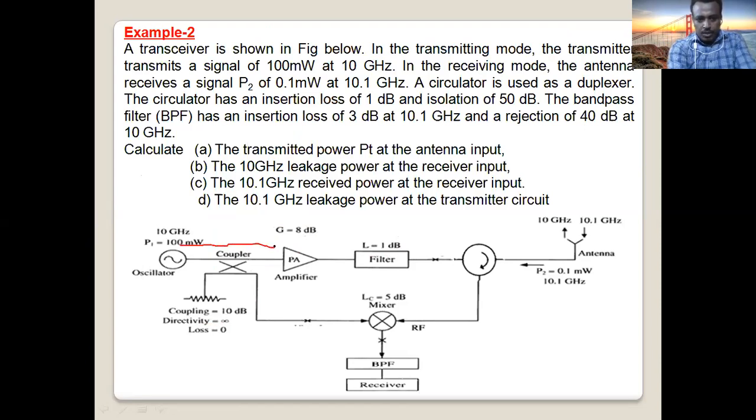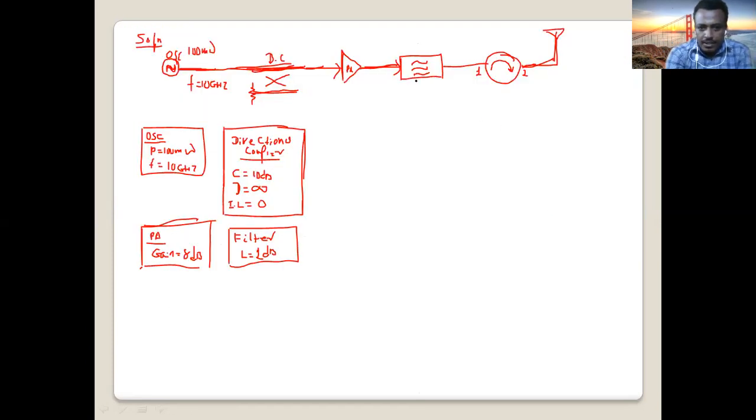Our signal goes to the coupler, to the amplifier, to the filter, to the circulator, which guides the signal to the antenna, and it is transmitted.